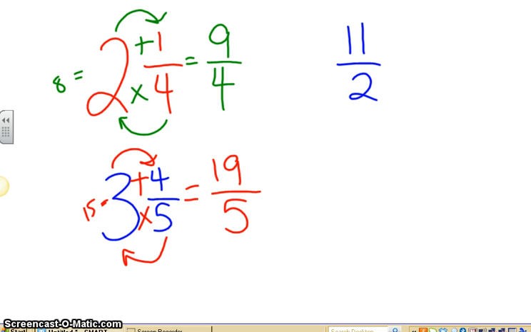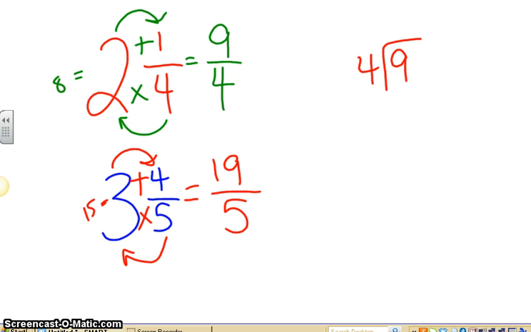It's a little bit more difficult to convert from improper to a mixed number, but we're going to do it right now. So let's take the improper fraction like 9/4 that we have here, and let's convert it back to a mixed number. You have two options of ways that you can do this. One is the easier way, which is division. So 9 out of 4 would be like 9 divided by 4.